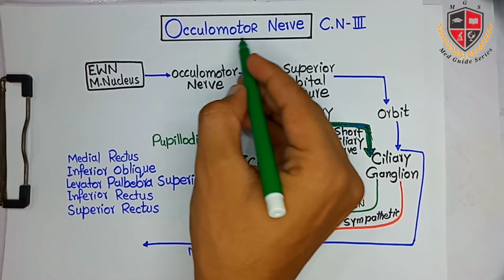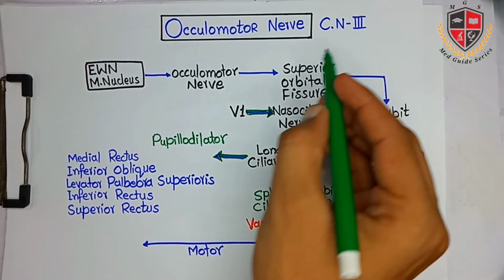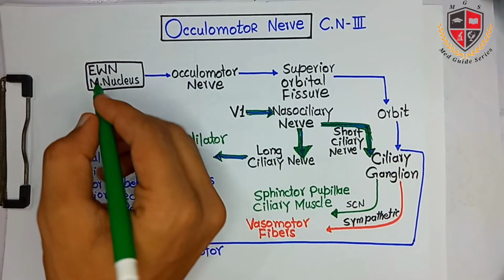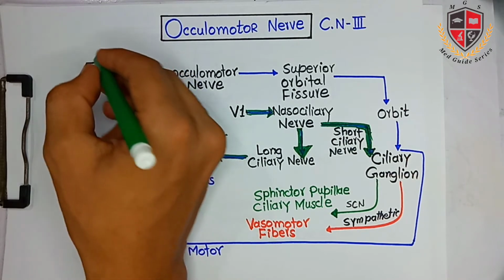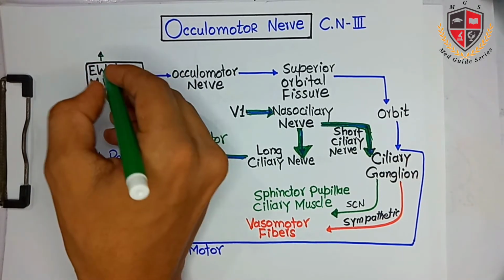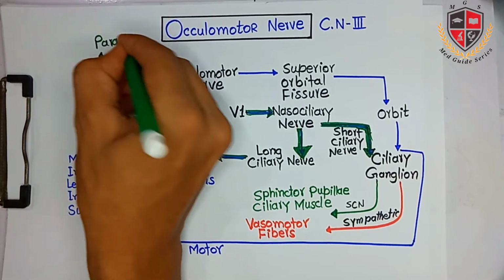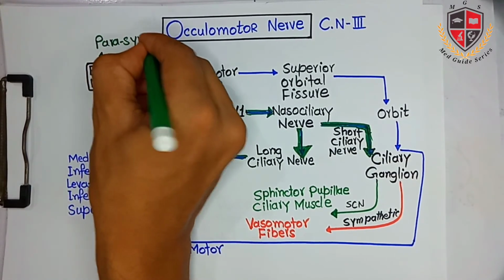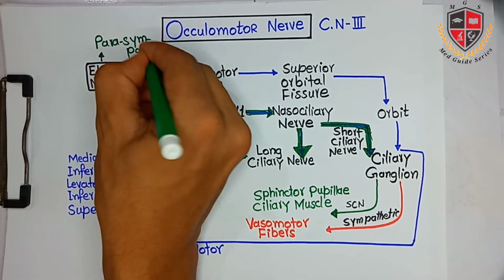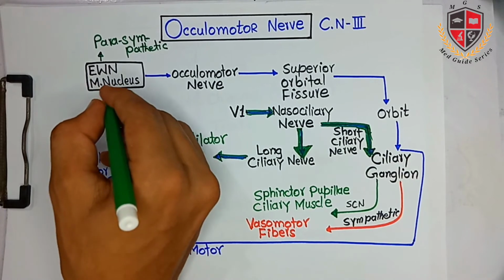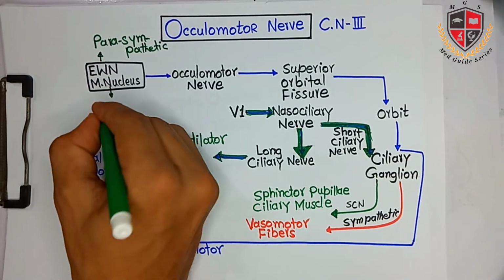This is the oculomotor nerve, the third cranial nerve. It has two fibers, parasympathetic and motor fiber. The parasympathetic fiber is from the Edinger-Westphal nucleus, and the motor fiber is from the oculomotor nucleus.